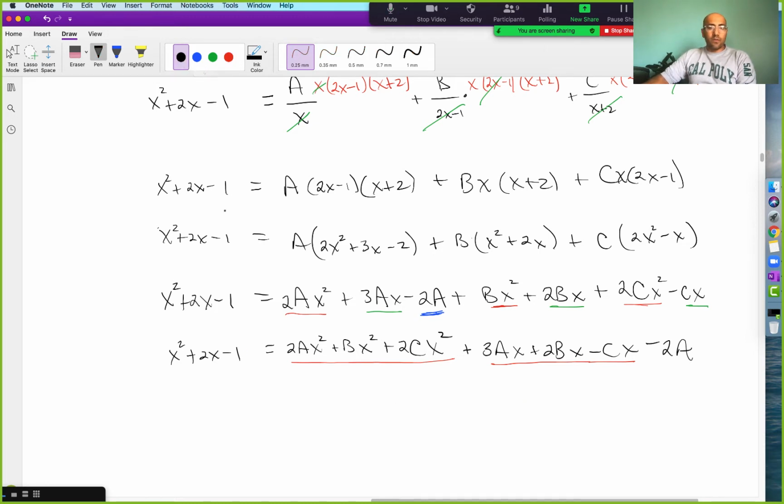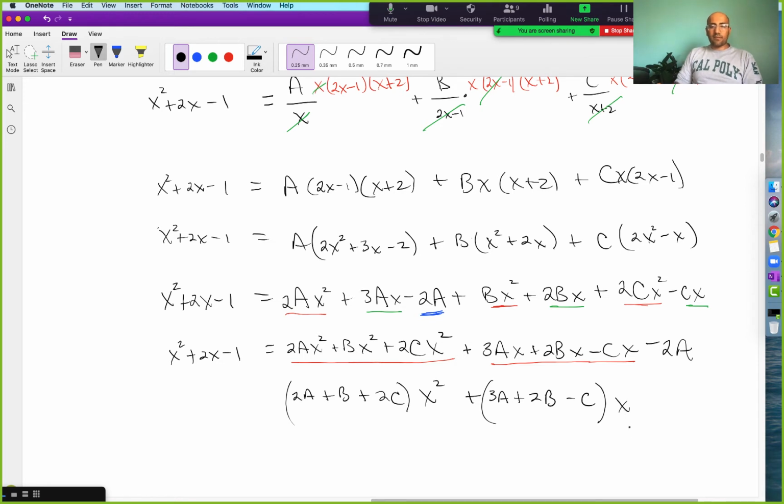Okay, so this is going to be equal to (2a plus b plus 2c) x squared plus, sorry, (3a plus 2b minus c), and all of that multiplied by x.